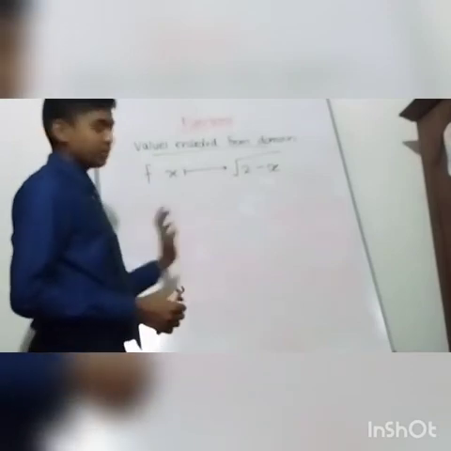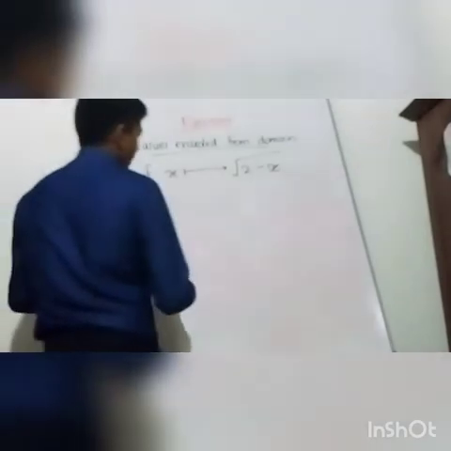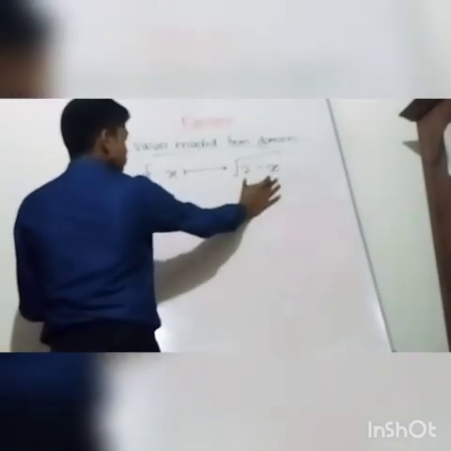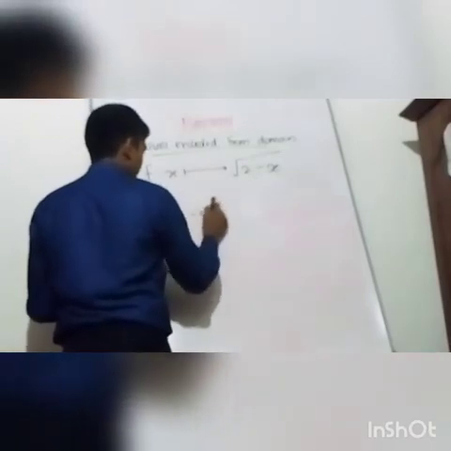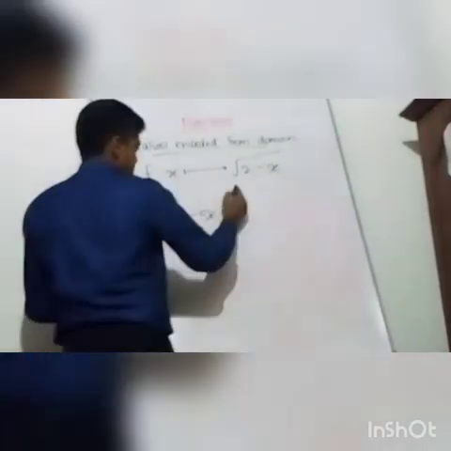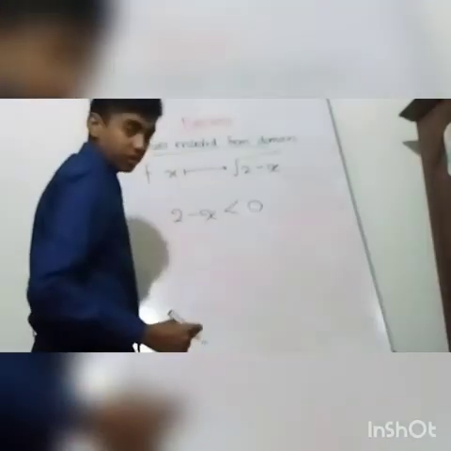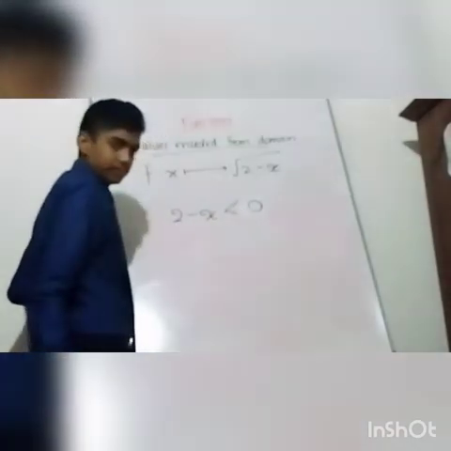It's x. The range is 2 minus x. And now I'll take this 2 minus x here. Then I'll write 2 minus x is smaller than 0, because we need to get a minus value. If we calculate this, it must be lower.